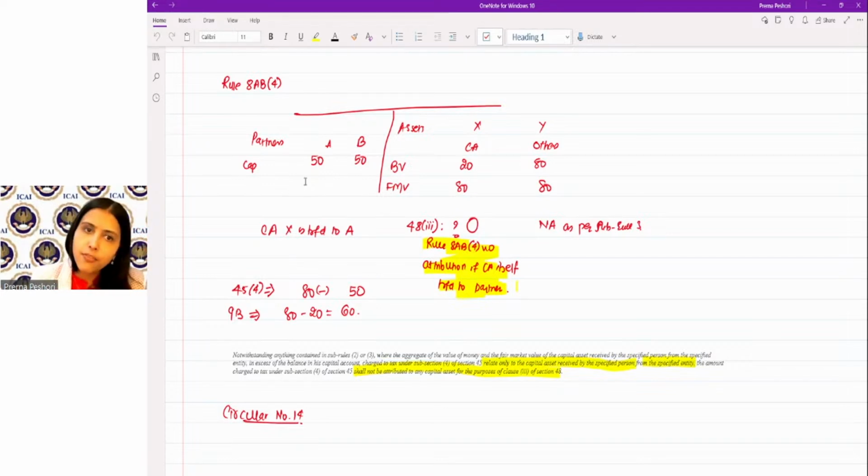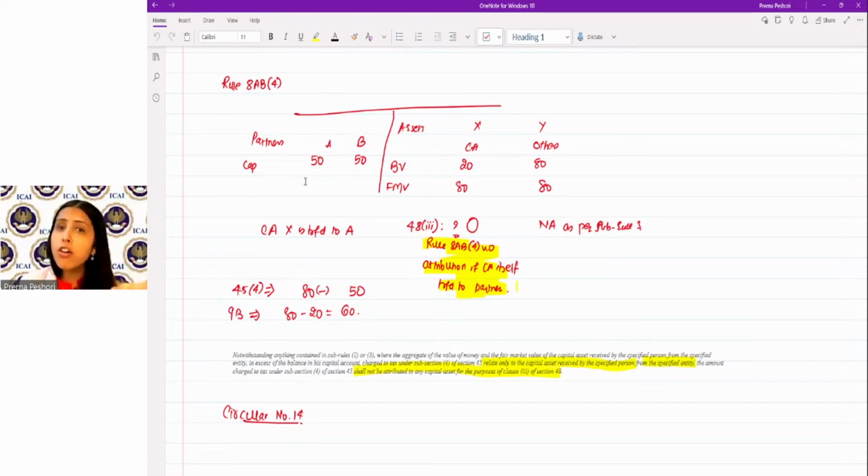But here I have given away my capital asset and there is no other capital asset. Now the capital asset which is given by me, when I'm transferring to the partner, I'm realizing the revaluation amount, right? So then there is no question of attributing 48(3) to that particular capital asset only.